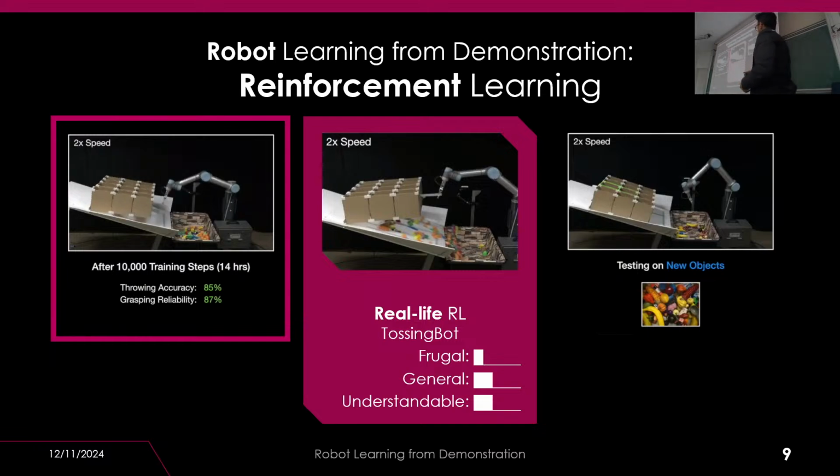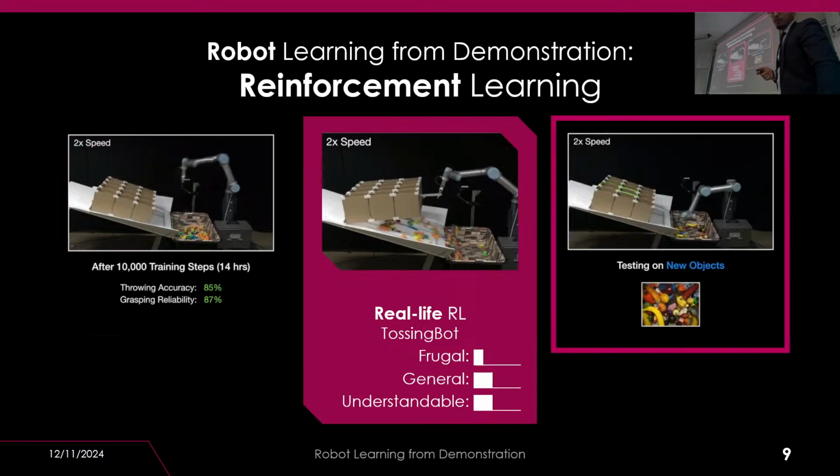Not only that, but it is also capable of testing the policy on new objects, different from those used within the learning process, regardless of their inertial nature. Again, not frugal because it took about 14 hours to train, and it was in a very hefty setup. Not too general because it is overfit to this robot, to this setup, and finally, not necessarily understandable since the policies are black boxes.